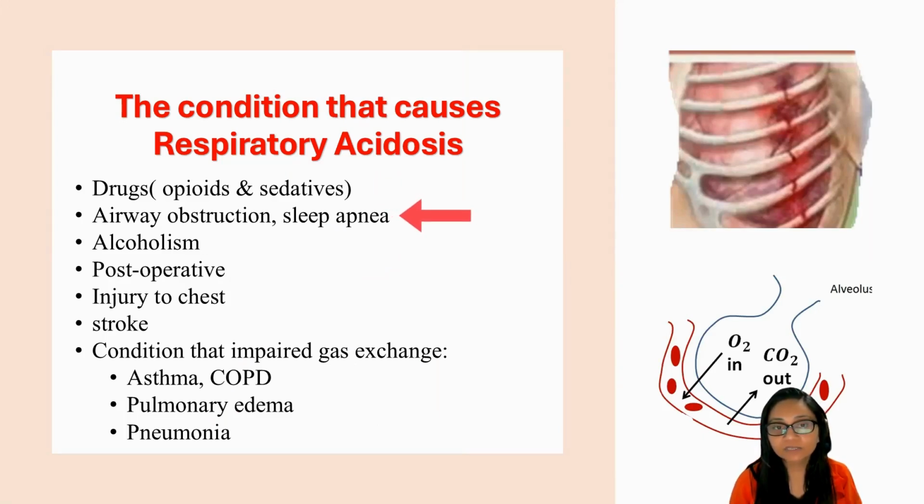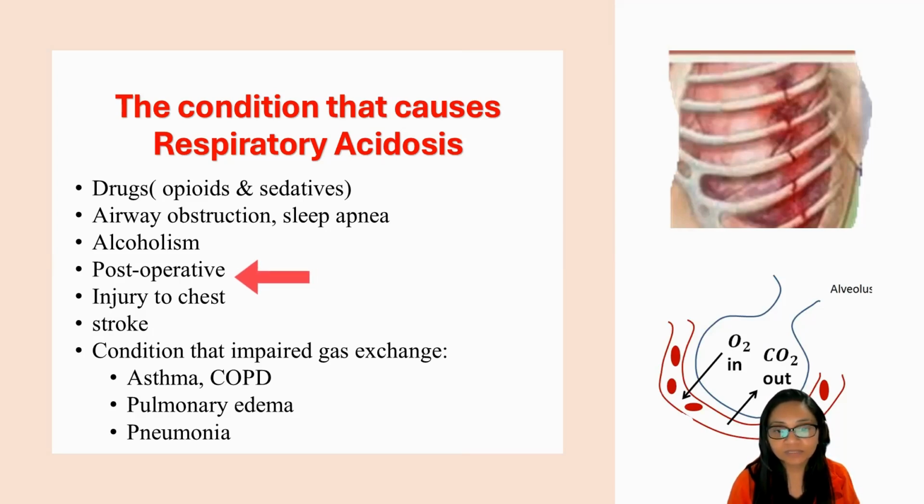Any airway obstruction, such as sleep apnea, when the patient is not taking a deep breath and takes shallow breaths, will lead to accumulation of carbon dioxide. Alcoholism, and post-operative patients, especially if the patient has surgery over the chest or abdomen, because of the pain the patient will not take a deep breath. Also, in the postoperative period, patients are under the effect of general anesthesia.